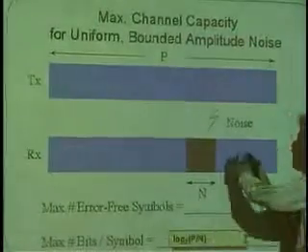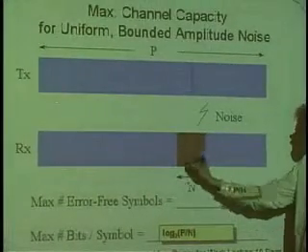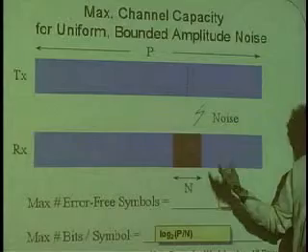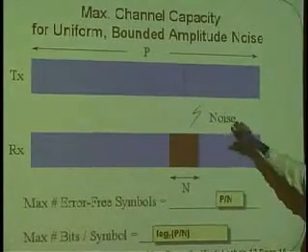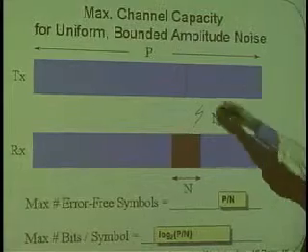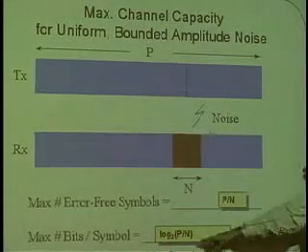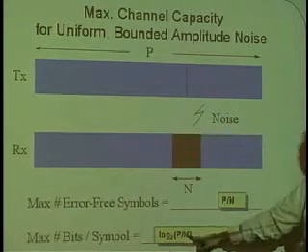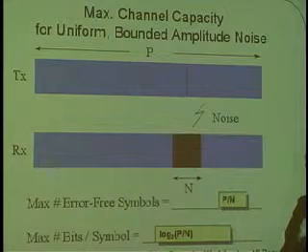The maximum number of symbols that we can send in this bar that's P long and that has a width of N, how many things can we divide up into this thing? Well, P over N. So we have a choice any given time when we put a scratch in the bar of really only sending, if we're only going to put 1 scratch, log base 2 of P over N bits of information, which is that short calculation that I just did up there.